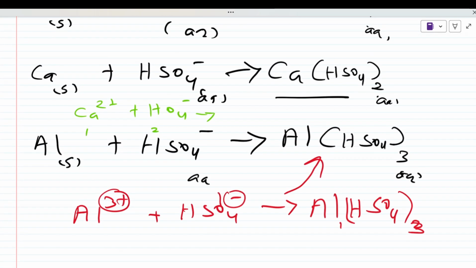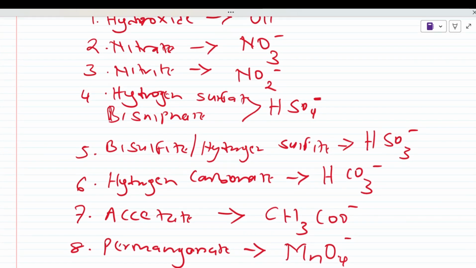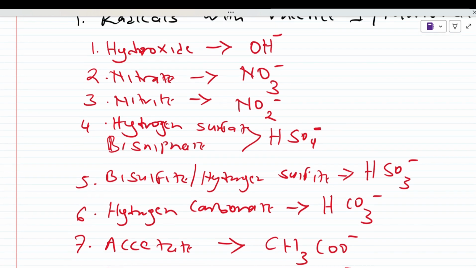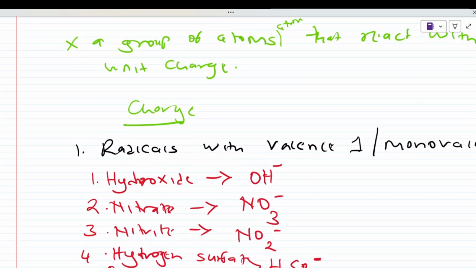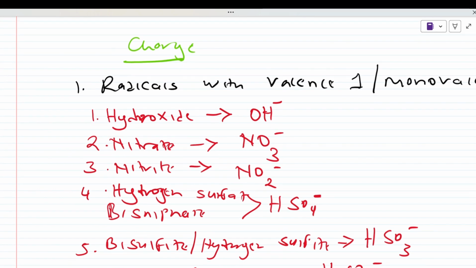The next thing that I want us to handle is now the bivalent radicals, and I'm going to do a quick example, and we are going to see how these different types of radicals can be used in writing and balancing chemical equations.